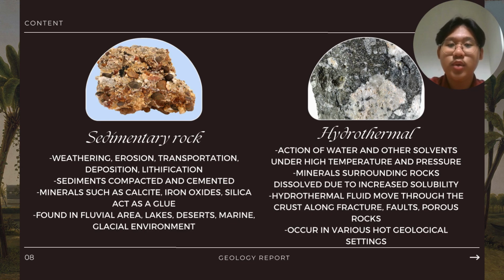The hydrothermal fluids, now enriched with dissolved minerals, move through the crust along fractures, faults, and porous rocks, driven by pressure difference, buoyancy, and sometimes by the force of the geothermal gradient. Hydrothermal deposits occur in various geological settings where hot, mineral-rich fluids interact with rocks under high temperature and pressure.